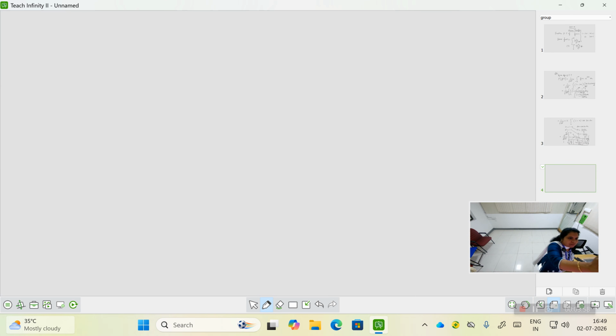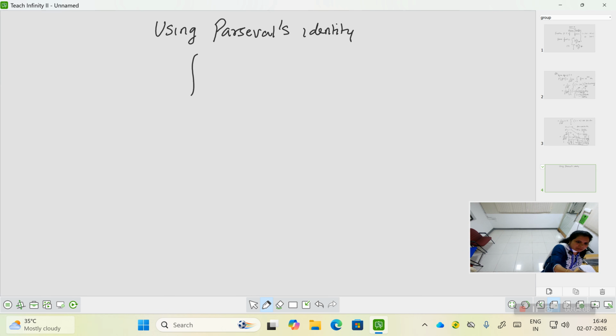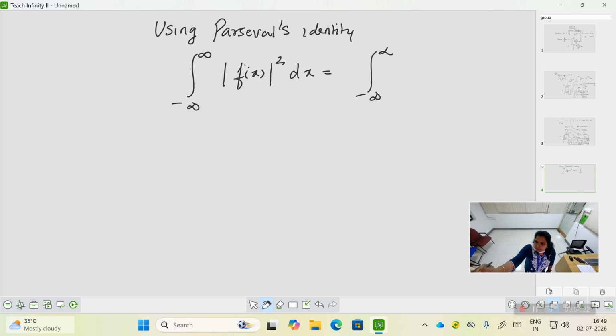We have to make use of Parseval's identity theorem. What is Parseval's identity? The integral from −∞ to ∞ of |f(x)|² dx is equal to the integral from −∞ to ∞ of |F_s|² ds.